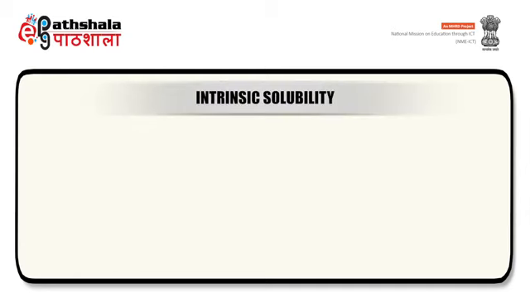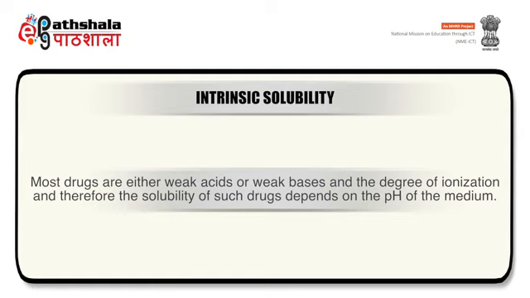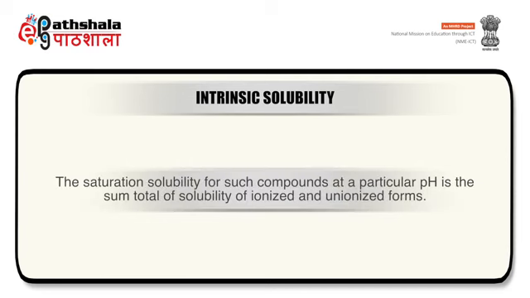Next to discuss is intrinsic solubility. Most drugs are either weak acids or weak bases, and the degree of ionization and therefore the solubility of such drugs depends on the pH of the medium. The saturation solubility for such compounds at a particular pH is the sum total of solubility of ionized and unionized forms.